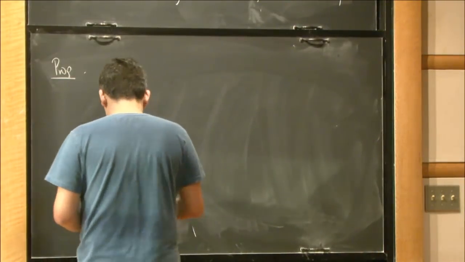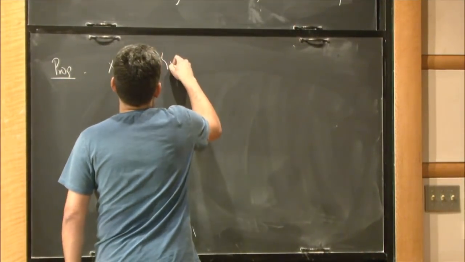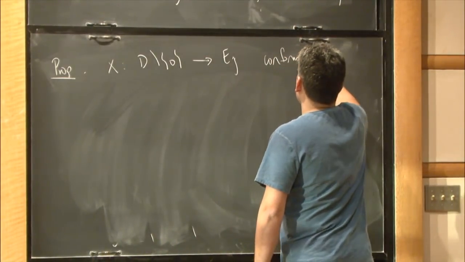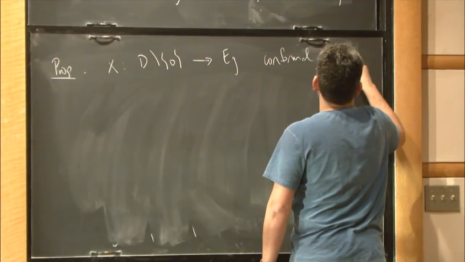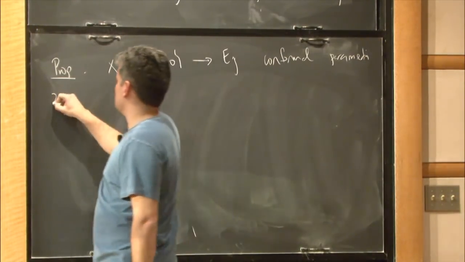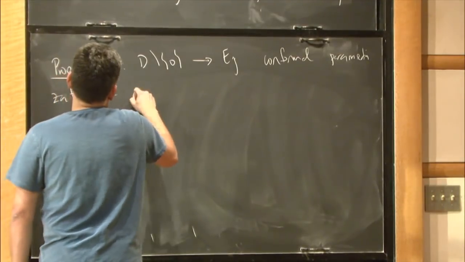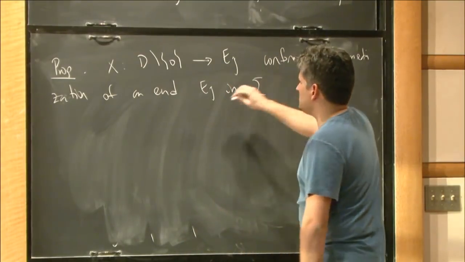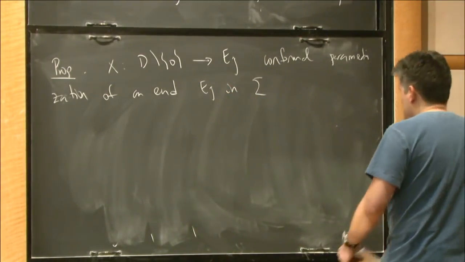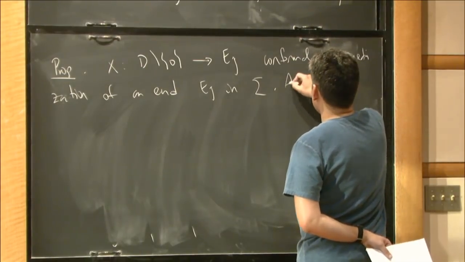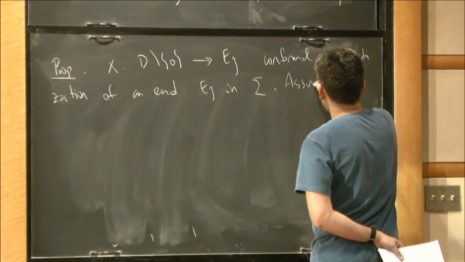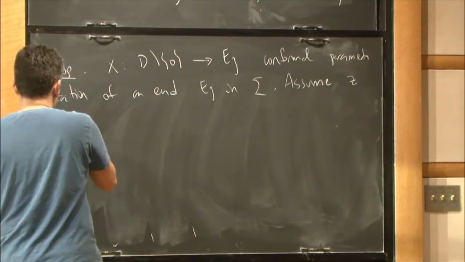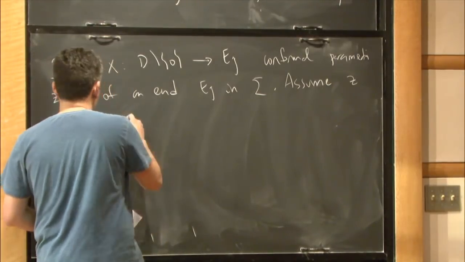Okay, so suppose that this is the parametrization of an end, a conformal parametrization of an end ej in sigma. So this is the disk, right? So assume that z is the local coordinate.